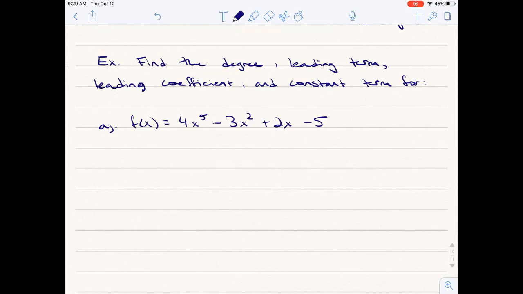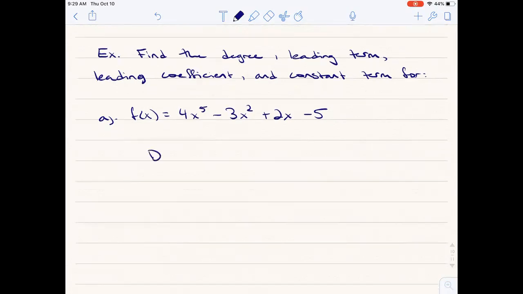This one's fair enough, right? The degree is just the highest power of x, so usually we want to make sure that we write polynomials in the order of decreasing powers, right? Because we want to know what that leading term is. And so we'll start with the degree. I'll just do d is 5.